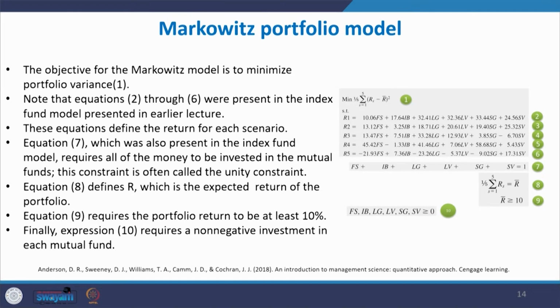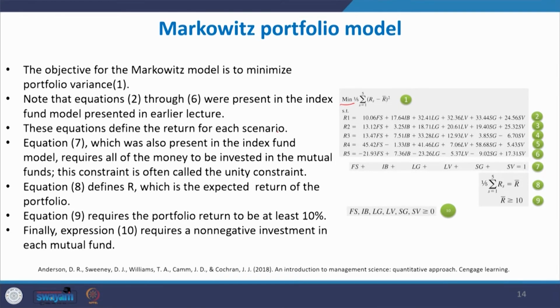Now, I will explain the formulation of this Markowitz portfolio model. The objective function for the Markowitz model is to minimize the portfolio variance, that is why we are minimizing. Equations 2 to 6 were present in the index fund model in the earlier lecture. These equations define the return of each scenario.